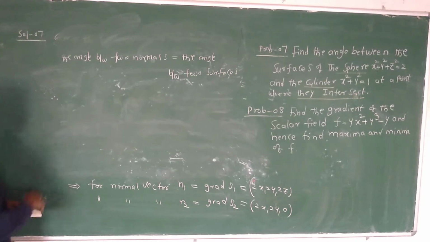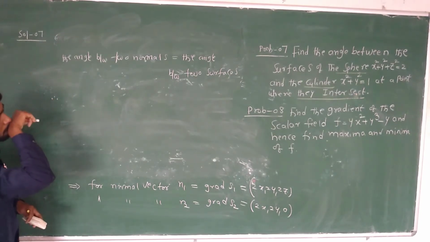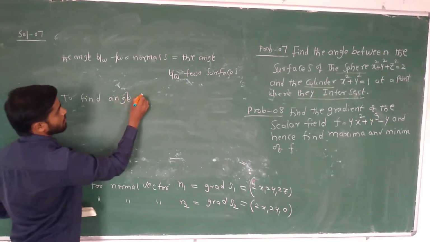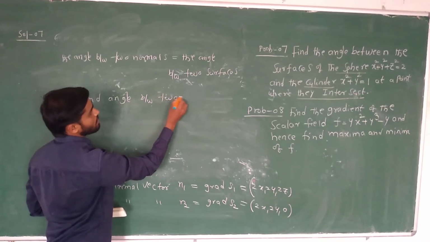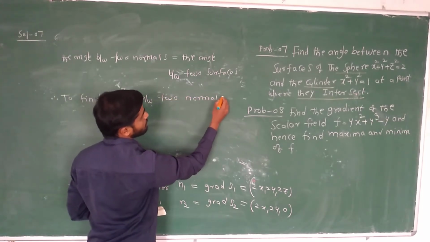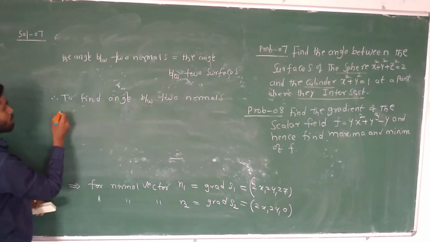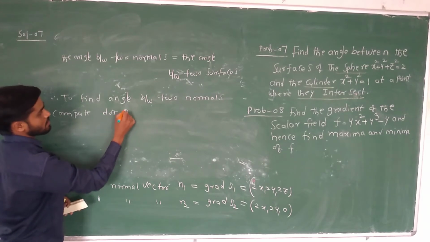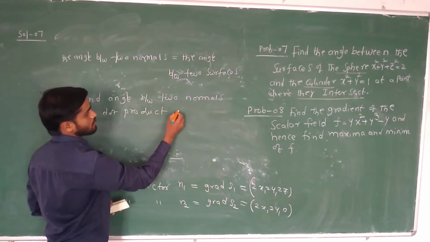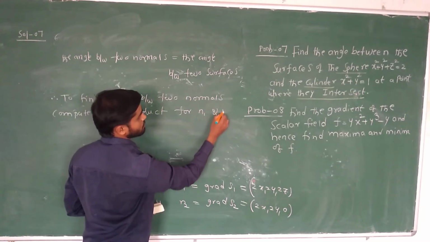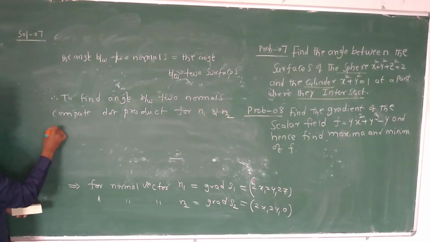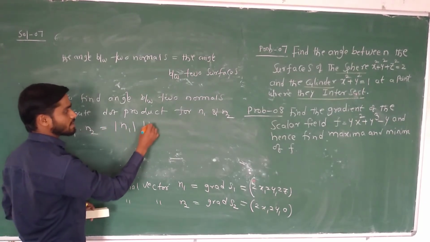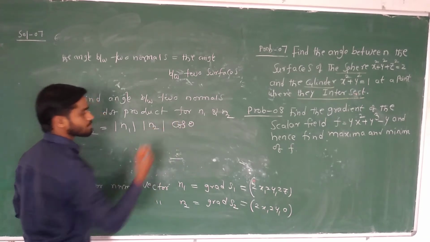Therefore, to find the angle between two normals, compute the dot product of N1 and N2. That implies N1 dot N2 is equal to magnitude of N1 times magnitude of N2 times cos theta.